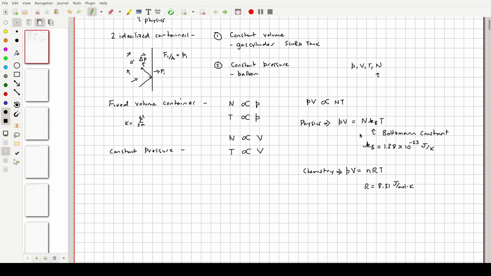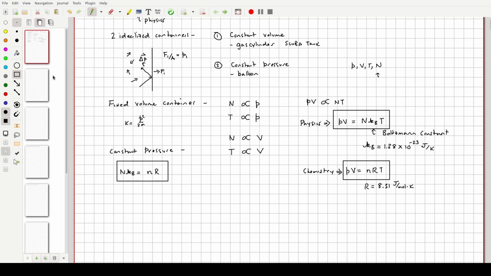Now, if you compare this equation to this equation, we have a relationship between the number of atoms and the number of moles, and it's basically through the Boltzmann constant and the ideal gas constant. So you can also write down that N times k sub B is equal to the number of moles times the ideal gas law constant. So this is something that you might want to star in your notes. This is important right here, and this is also important right here as well.